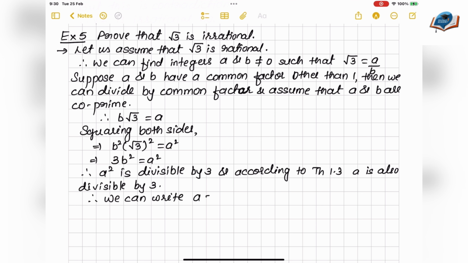Next question says, show that 3 root 2 is irrational. So again I will use the contradiction method. So let us assume that 3 root 2 is rational.